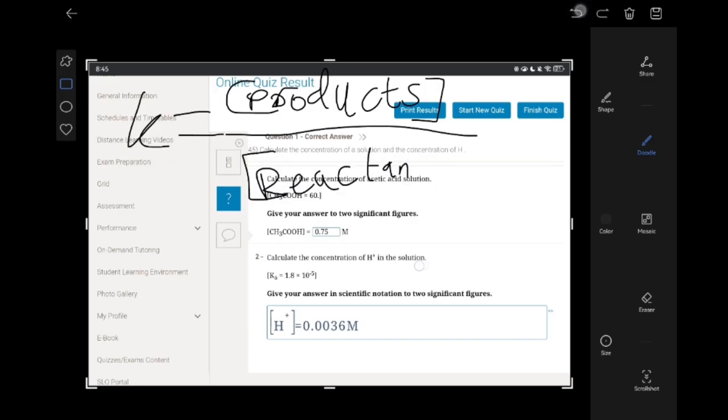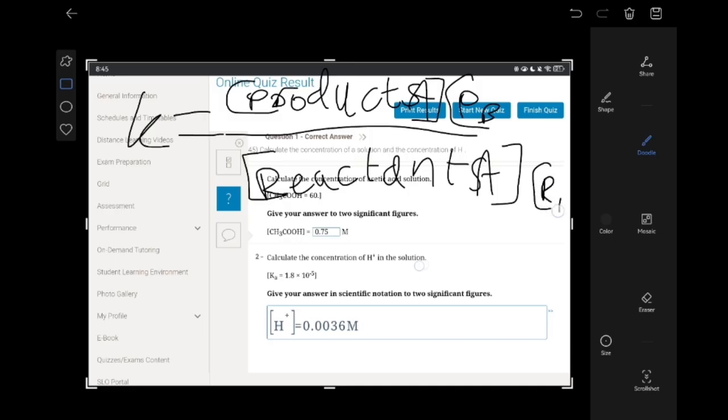Let's say you have product A and product B: it would be the concentration of product A times the concentration of product B, over the reactants, each to the power of its coefficient. But here we have no coefficients, so it doesn't matter.